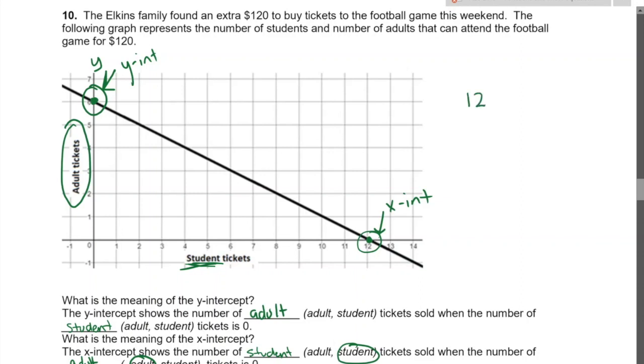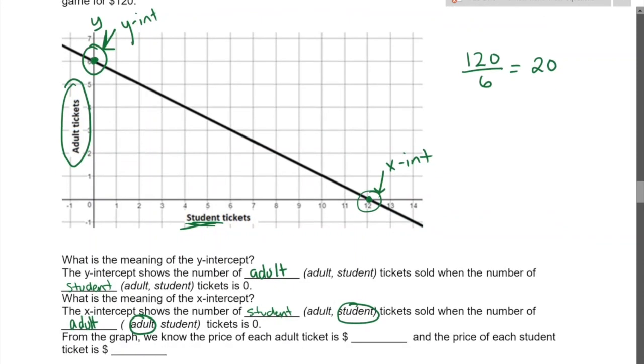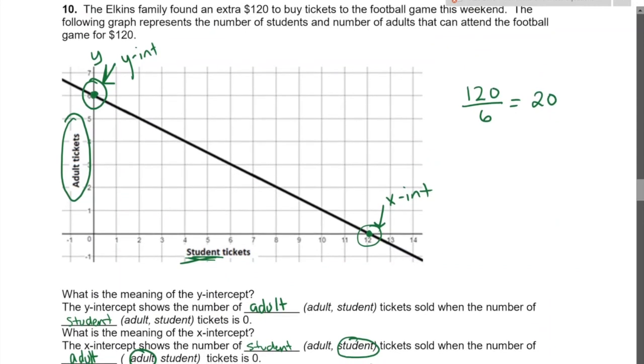So if I do 120 and divide it by 6, which is my y-intercept, I can determine how much my adult ticket is. So that adult ticket is $20. Well, where did I get the 120 from? It says it right here.